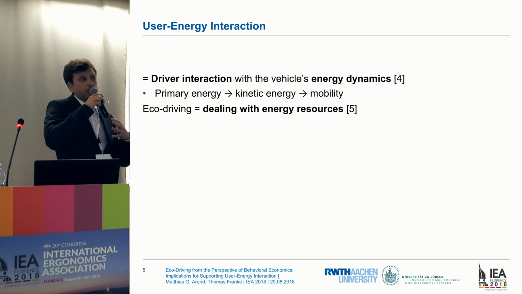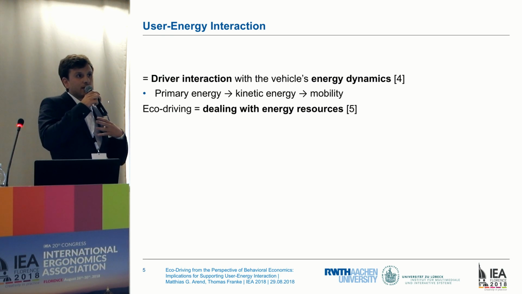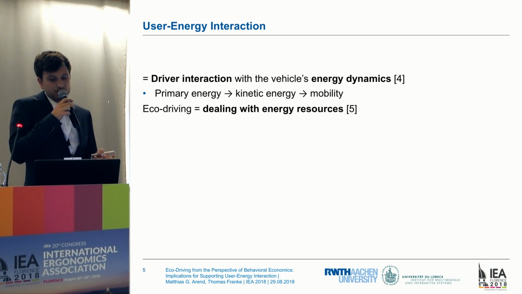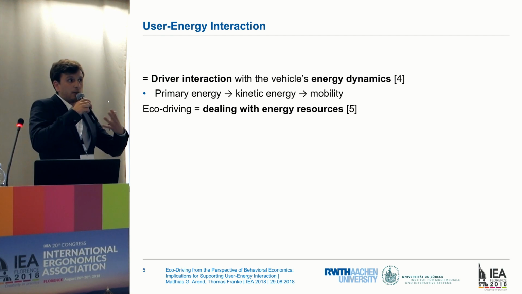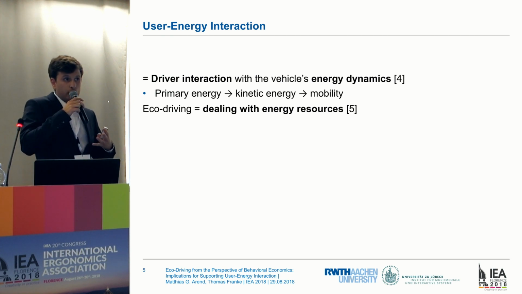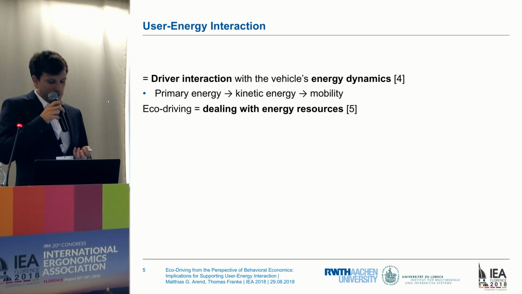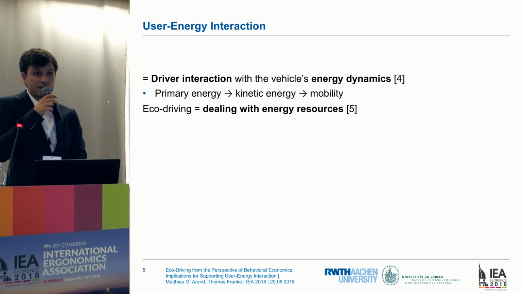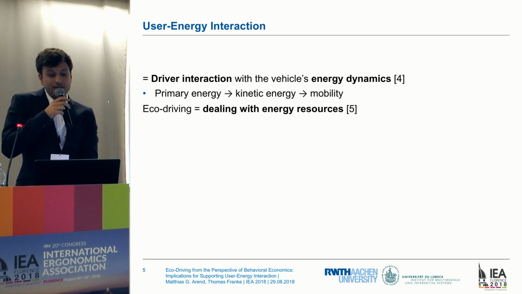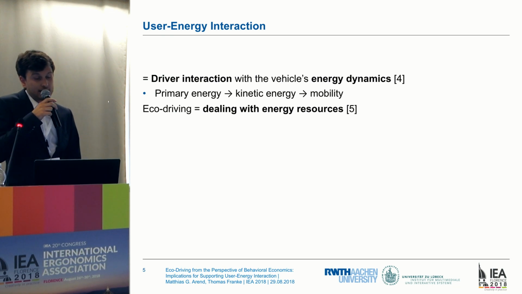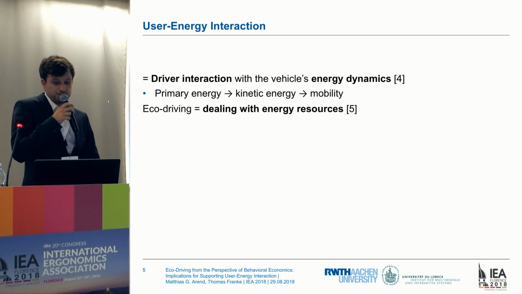We want to convert these primary energies into a certain driving distance, and this is done via kinetic energy. So primary energies are converted into kinetic energy, which creates our mobility. If we take this user energy interaction perspective on eco-driving, we can see that eco-driving is essentially dealing with energy resources.